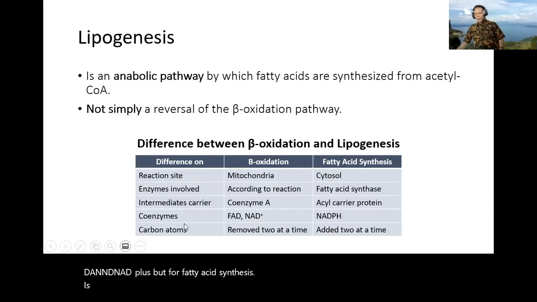Beta oxidation removes carbon atoms 2 at a time, but fatty acid synthesis adds 2 at a time, completely different.